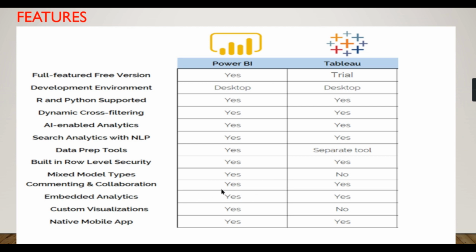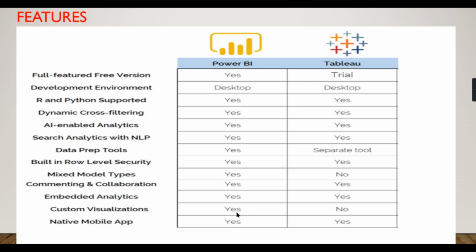Commenting and collaboration: yes, reports can be shared, and once shared, they can be shared with other people. Obviously that is the main purpose these two top-notch BI tools evolved for. Embedding these reports: yes.